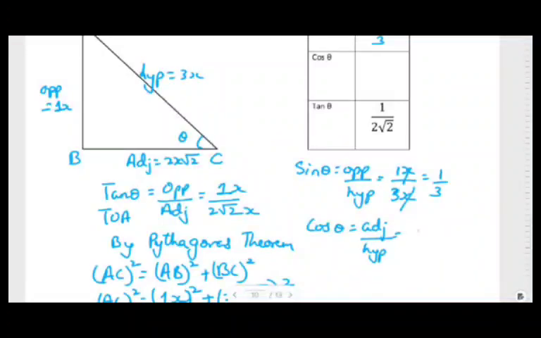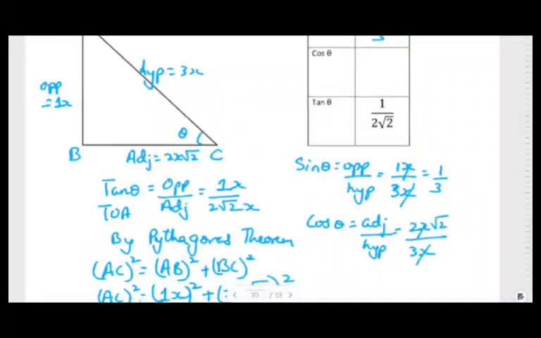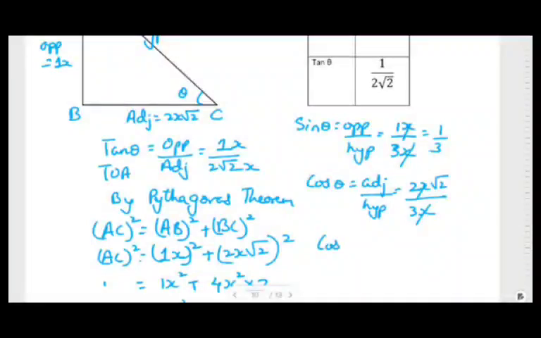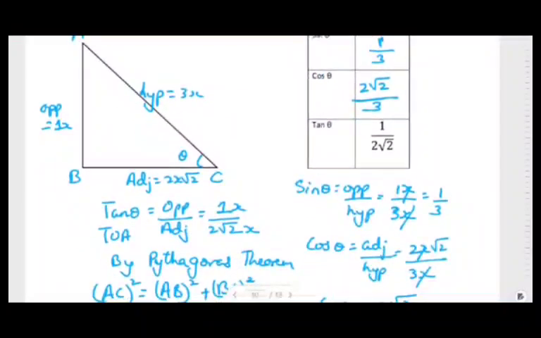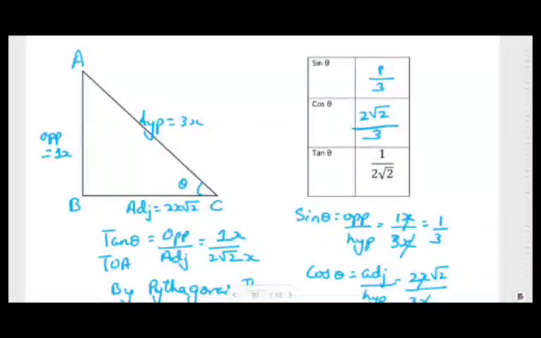My adjacent is 2x root 2 upon hypotenuse is 3x. X cancels out. So cos theta is 2 root 2 upon 3.